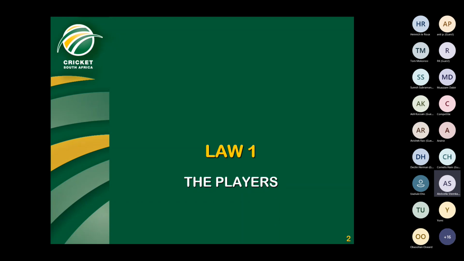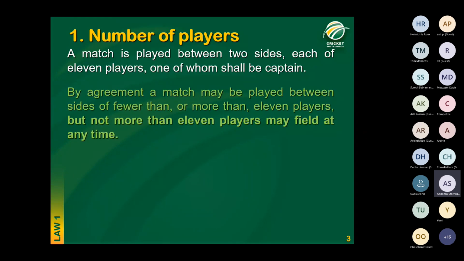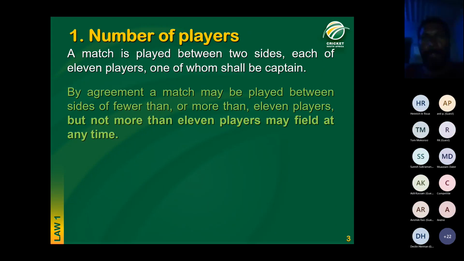Under Law 1, the players, the green highlighted portion here is that usually a match is played between two sides of 11 players, but the law allows that by an agreement before the game starts, a match may be played between sides of fewer than or even more than 11 players. But not more than 11 players may field at any time.